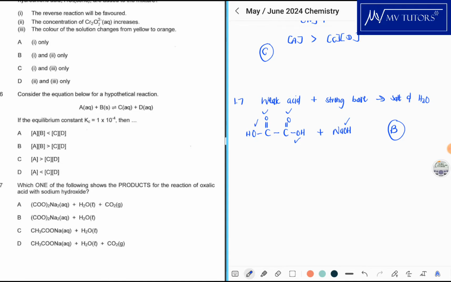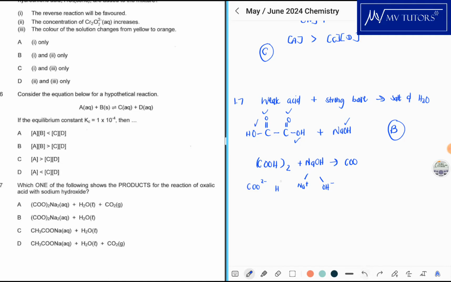But if you do know that oxalic acid is exactly how it looks, then you would know these are your reactants, and your product would be this. Remember, sodium is positive, hydroxide is negative, and you have your COO there, which has a negative charge, and H, which is positive.